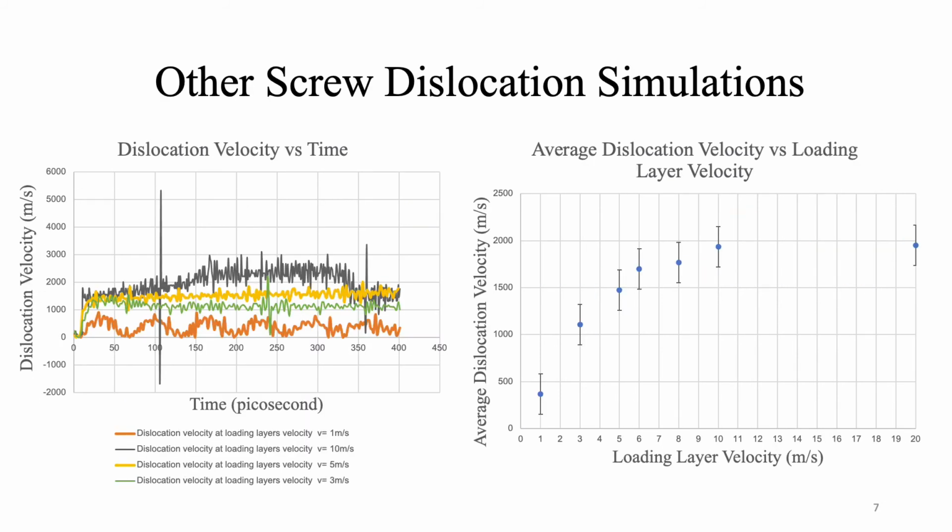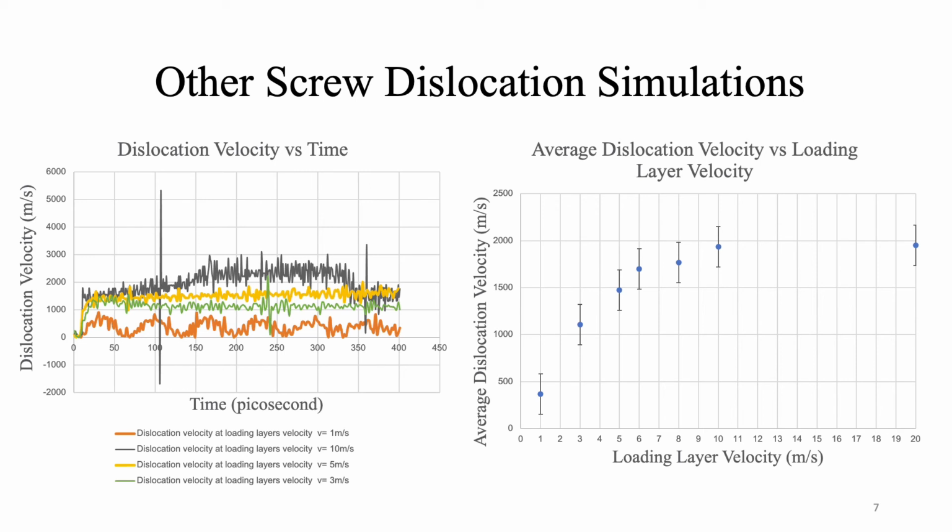The same molecular dynamics simulation process is repeated for other loading layer velocities. Some are smaller than 5 meters per second, which are v equal to 1 and 3 meters per second, and others are greater than 5 meters per second, which are v equal to 6, 8, 10, and 20 meters per second.